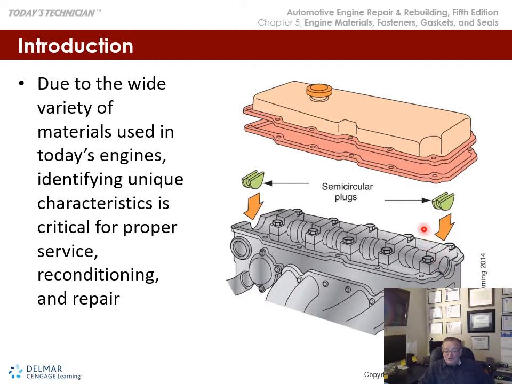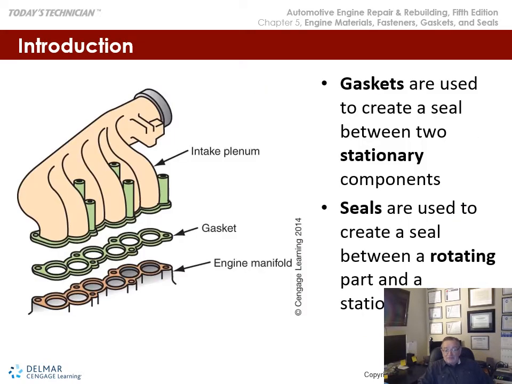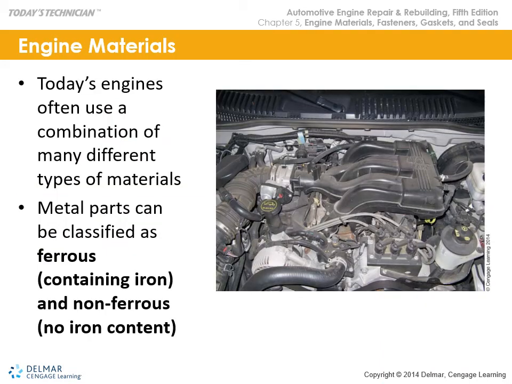And you're going to see, in this case, semicircular plugs are utilized in this application. So you have to know exactly what the manufacturer is calling out to seal that particular part. Gaskets create a seal between two stationary components, and seals create a seal between rotating parts.